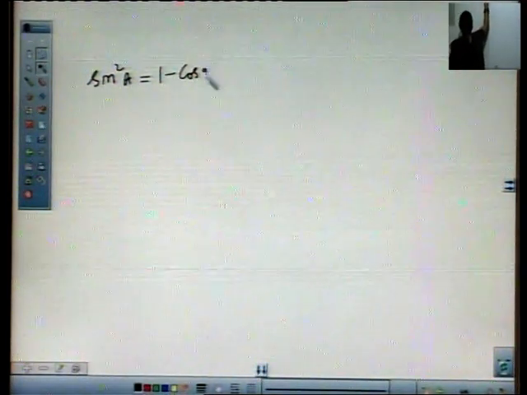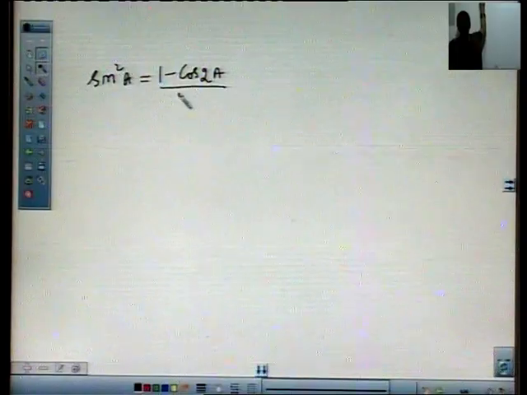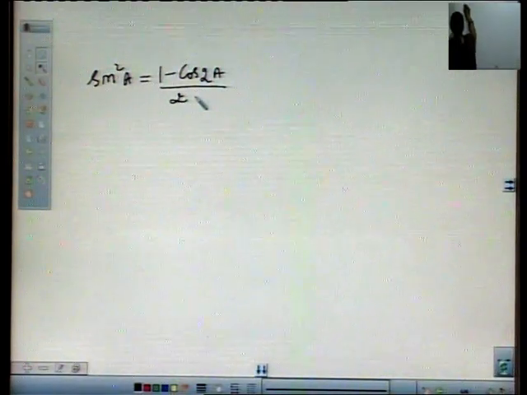Again, we can also write sin square a is equal to 1 minus cos 2a upon 2. How?